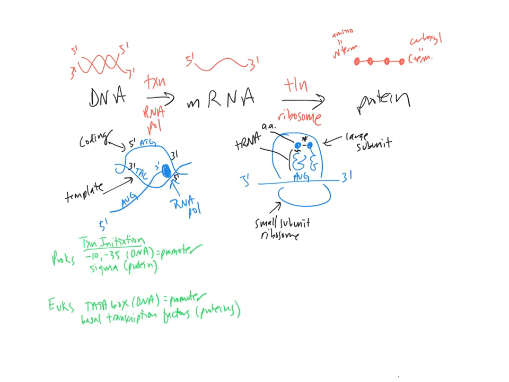Now you should also know some things about transcription elongation. This is basically the same thing for both prokaryotes and eukaryotes. Basically, we use RNA polymerase. RNA polymerase finds the complementary nucleotide to whatever nucleotide that it is reading on the template strand.